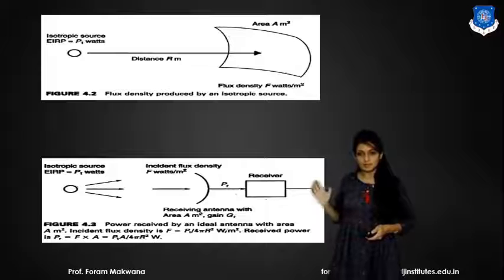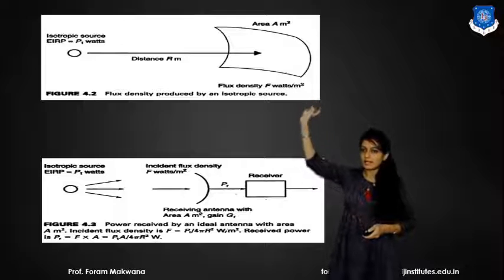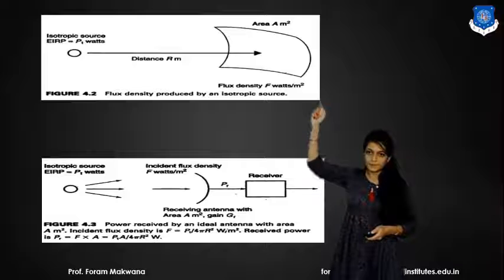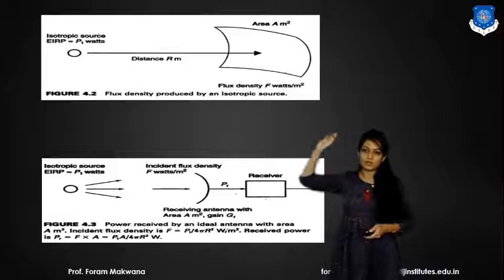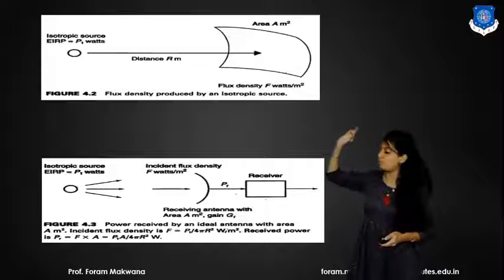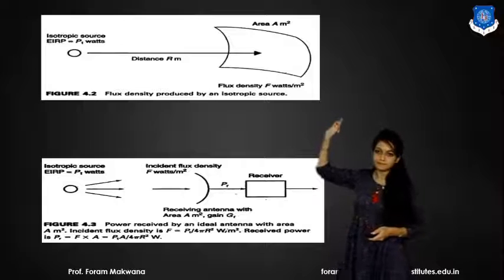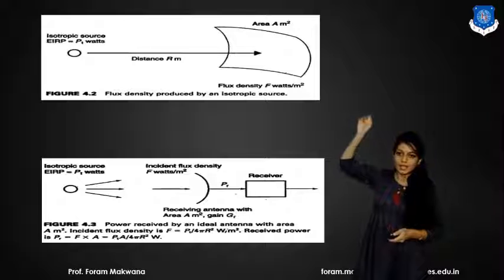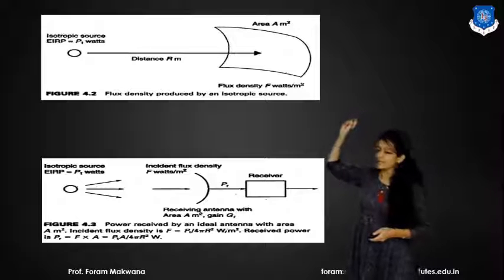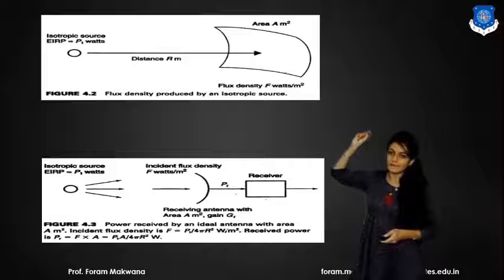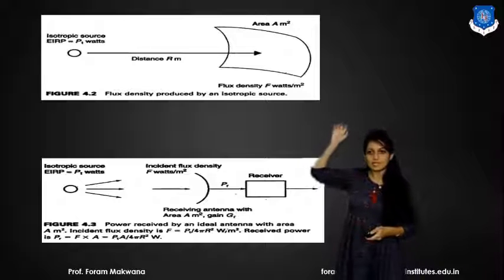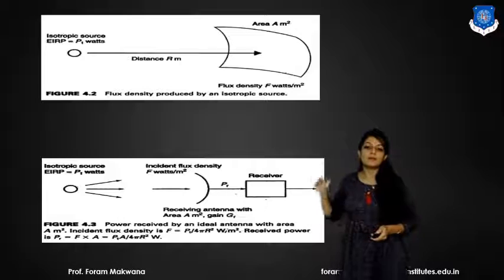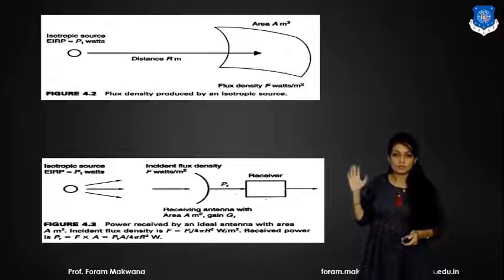This is an example of how the power is radiated and received. Consider that circle as my isotropic power source, the effective isotropic radiated power, which equals PT watts. At a certain distance of r meters, I will get a specific flux density, the saturation flux density F, in watt per meter squared. It is the flux density produced by the isotropic source.